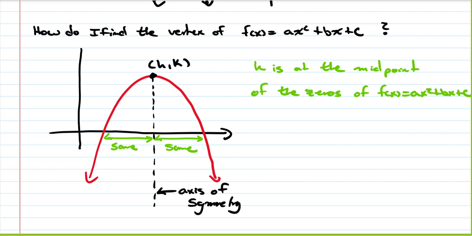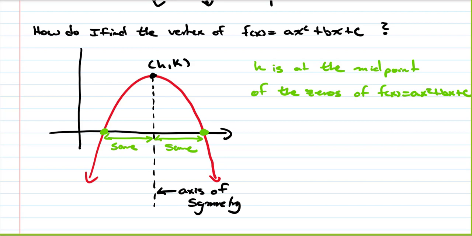So by symmetry, since we knew these two things were the same, if we knew the x-intercepts, or the zeros of f of x, we know that h would be at the midpoint. If we knew what those were, we could figure it out. Well, it turns out we do.